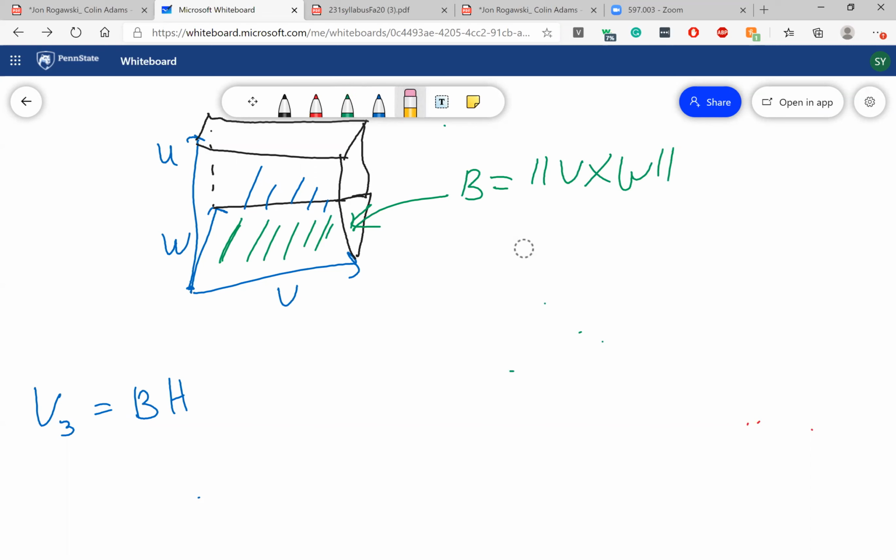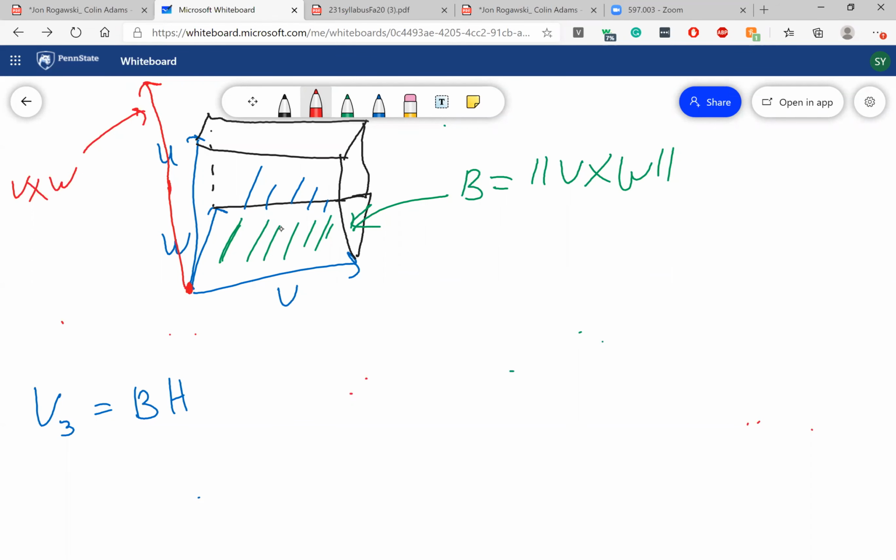Now, our height, well, we can imagine first that we find the cross product. So let's first imagine that this vector over here is the vector V cross W. So it's normal, a vector orthogonal to both V and W. It's pointing out, and it's normal to this parallelogram.